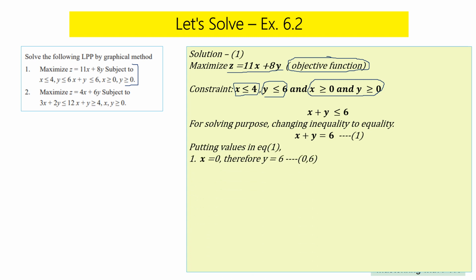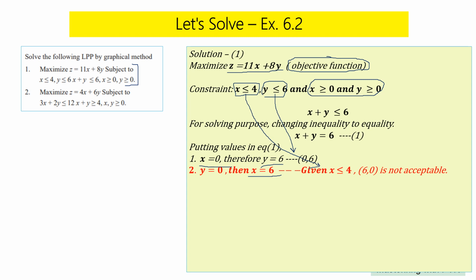So putting the values, we use the intercept formula. When x is 0, y is 6. It satisfies this condition. When y is 0, x becomes 6, whereas the condition is that at any point x cannot be greater than 4.